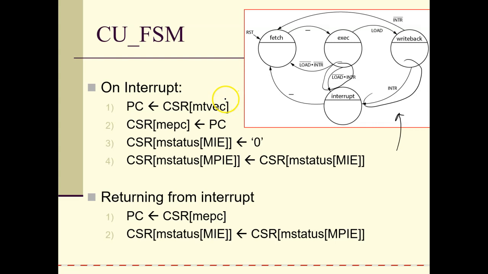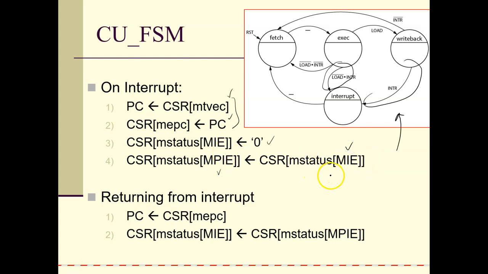Essentially, I need to put the address of the interrupt service routine into the program counter. I need to save the old program counter, which I do. These are two registers in the control and status register block. I also need to disable interrupts. So I do this by writing a 0 to the MIE, and then what I want to do is copy that MIE bit to MPIE.